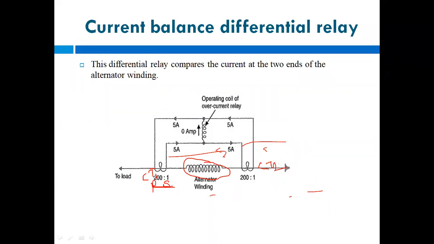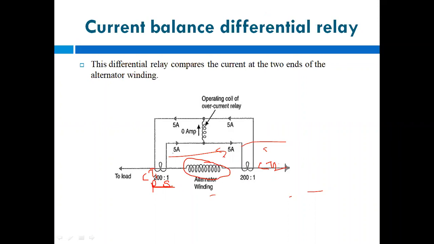Similarly, on the other side of this alternator, one CT is placed, which has the same ratio, 200:1.